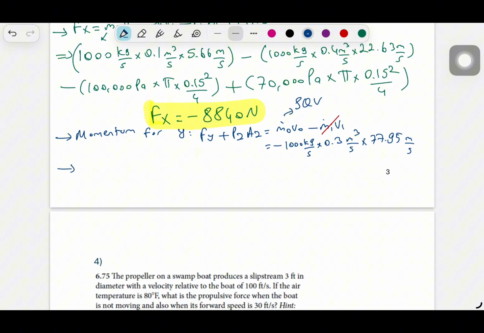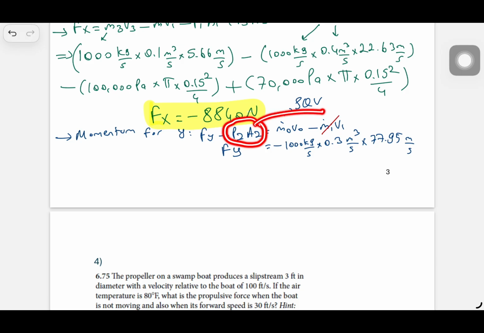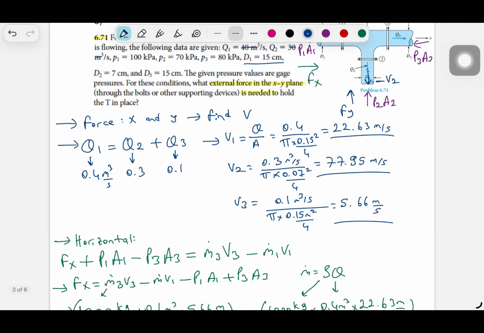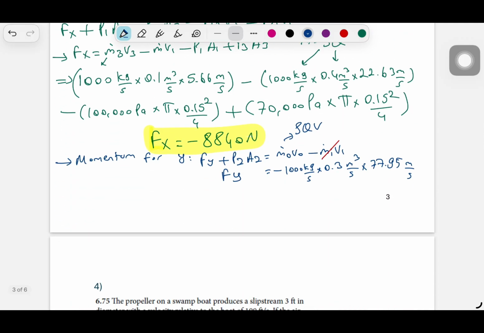So here Fy will be equal to this value. Actually, let me do it something like this. So if we move the pressure force to the right, it will be minus P2. So P2 was 70,000. Times the flow rate.